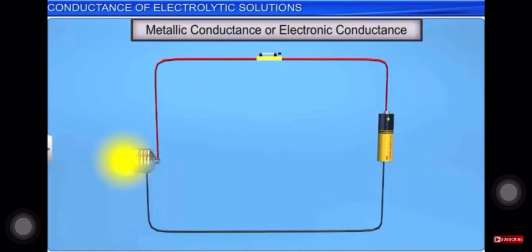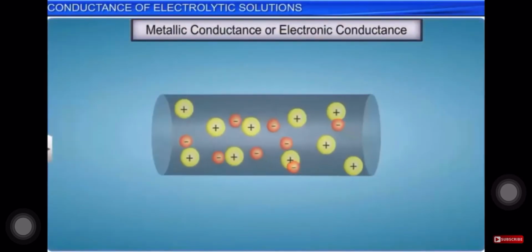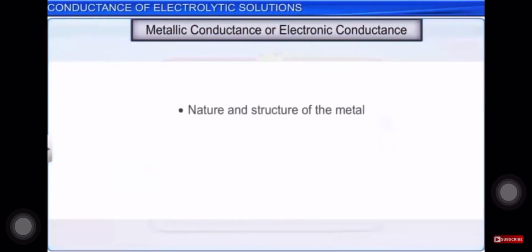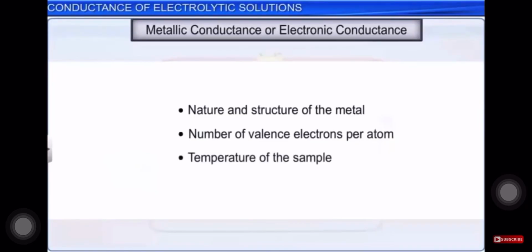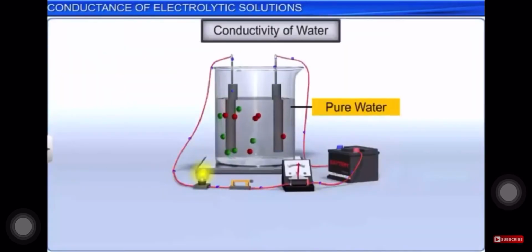So how does this conductance happen in the metal? We know that when we take a cross section area, positive and negative charge is there, in which electricity is conducted by electrons, and it depends upon the nature and structure of metals, number of valence electrons, and temperature of the sample.